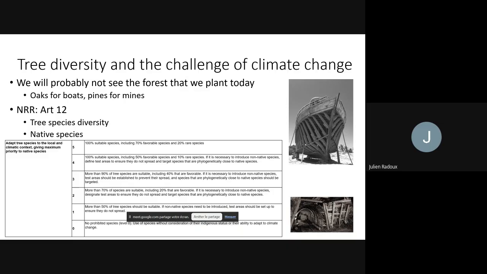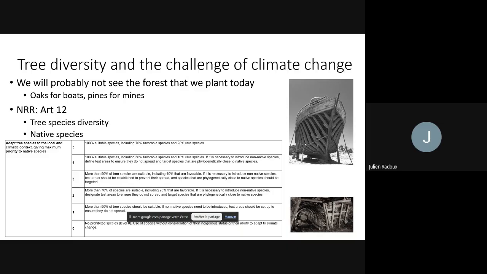So we will have more trees that can go higher, and the temperate forest will come to the valleys, and so we will have more broadleaf trees in the valleys than what we can have now. So it's important to keep that in mind if you restore some place, not to be in a situation where you will be fighting against climate all the time.